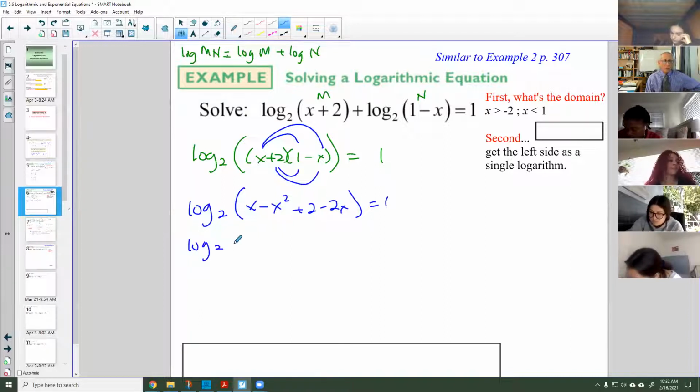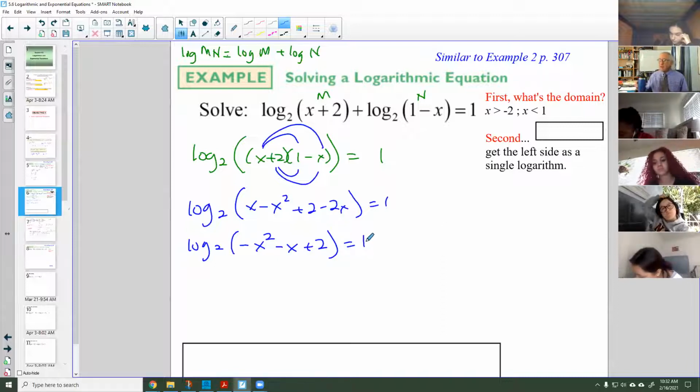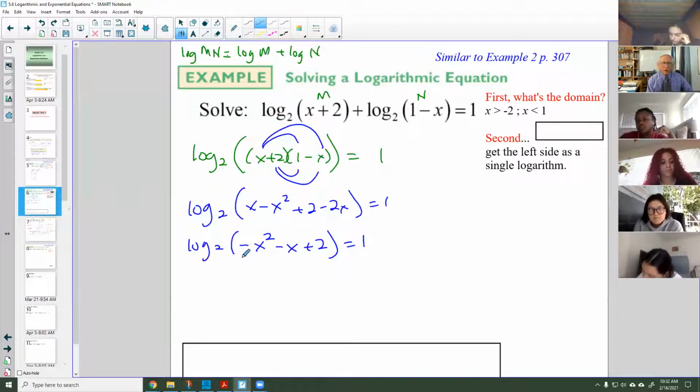So log base 2 of negative x squared minus x plus 2 is equal to 1. Follow what I just did there. I made it into a quadratic. So I've got it into a single logarithm and I made it into a quadratic, but I still need to liberate my x's from the argument.